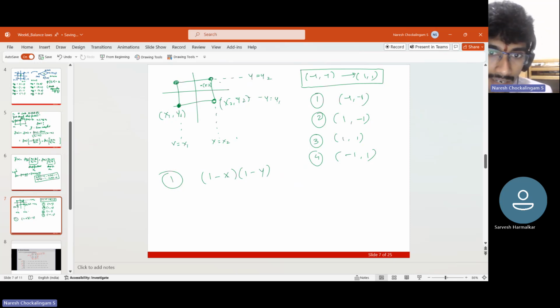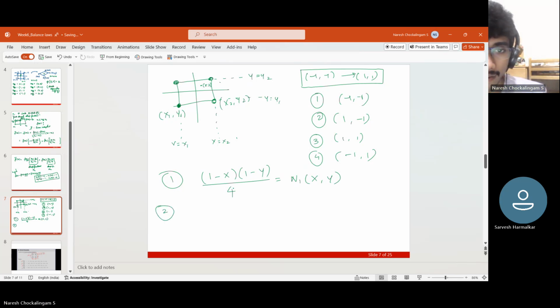So if either x becomes 1 or y becomes 1, this function will vanish, which means on these 3 nodes this function will vanish. And when x equals -1 and y equals -1, what value does this take? It is 1 minus -1, which is 2, and 1 minus -1, which is 2. So this takes a value of 4. But to get the shape function, we divide it so that it takes a value of 1. So this is n1 of x comma y.